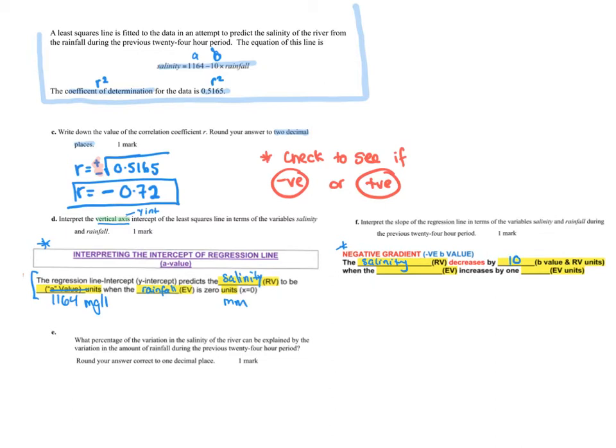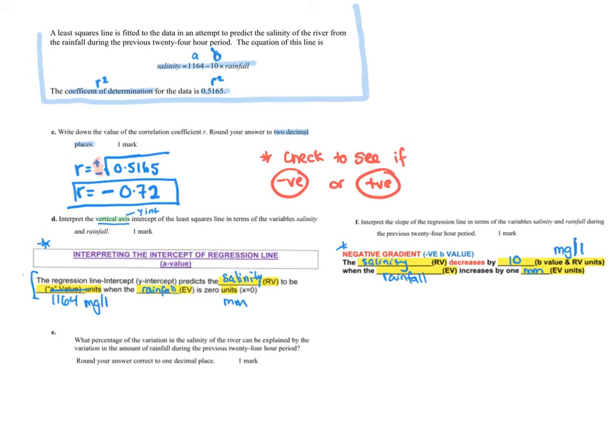So it decreases by 10. Now you need to put the RV unit. So we write milligrams per litre, because that's what the salinity is, when the rainfall increases by 1, and you put the units of rainfall, which is millimetre. Okay? They're very easy marks. You've got the words, just copy it in.